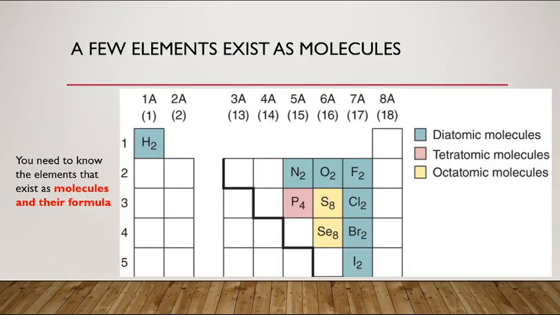And so the last thing I need to cover here is, as I mentioned in one of my first videos, some of these elements exist as molecules. What I mean by that is H2, N2, O2, F2, those are still elements. They still consist of only hydrogen atoms, only nitrogen atoms, and only oxygen atoms.